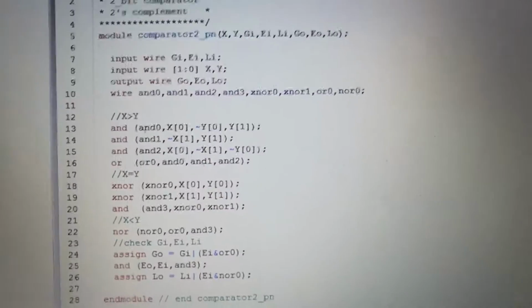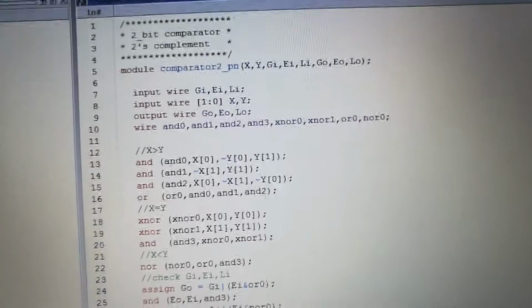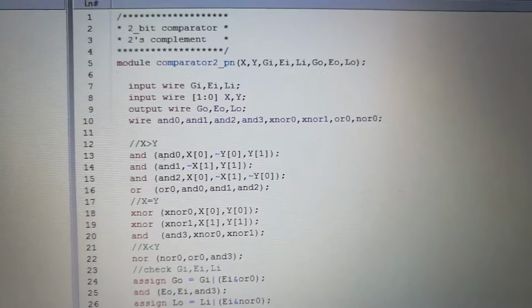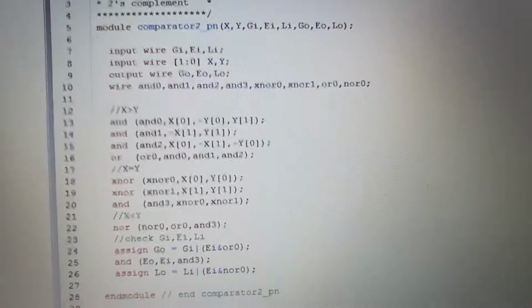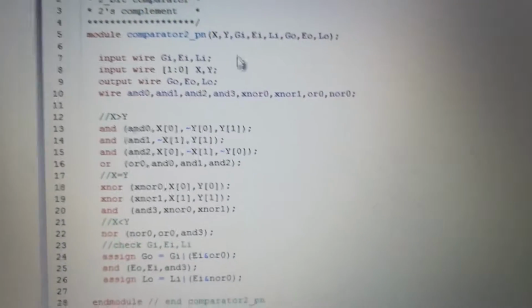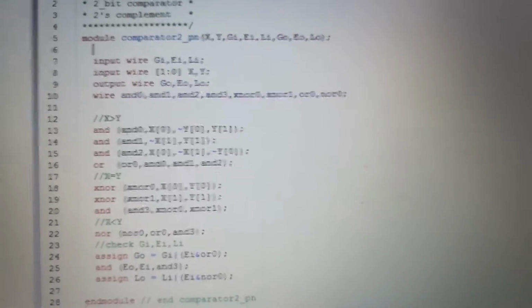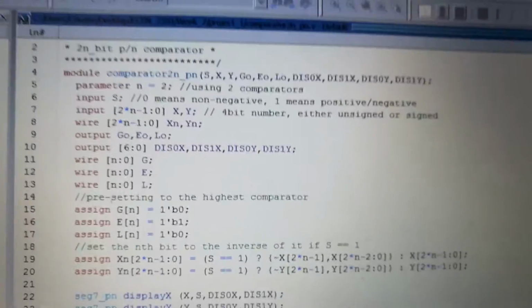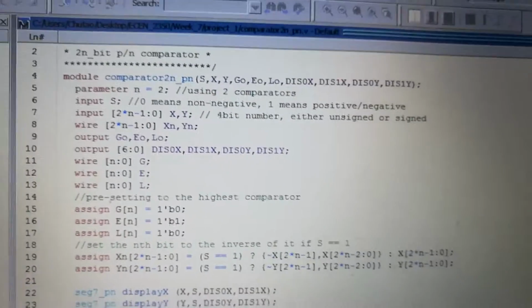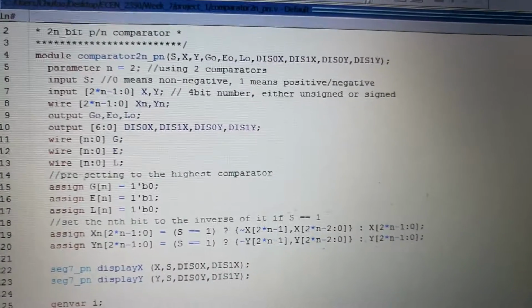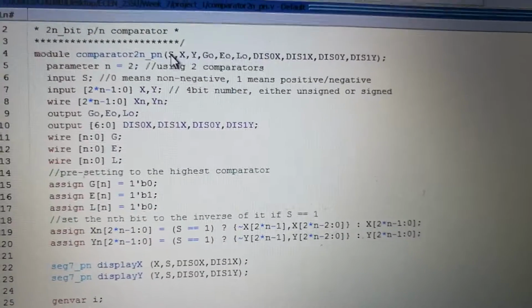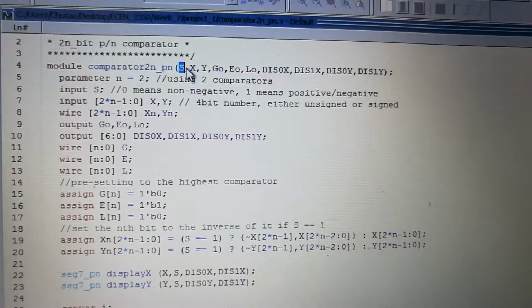Okay, here comes part 4. Part 4 is asking you to compare signed values using 2's complement. Sorry, I just showed you the wrong code. This is the right one. Here you have an S that selects the mode you're in.